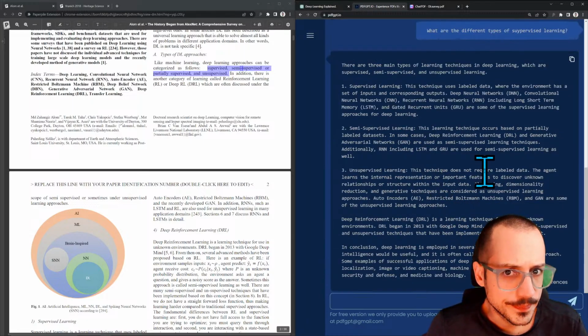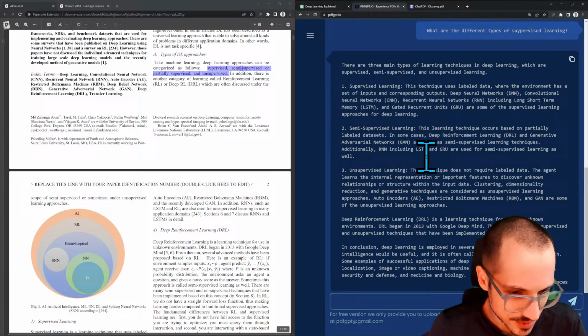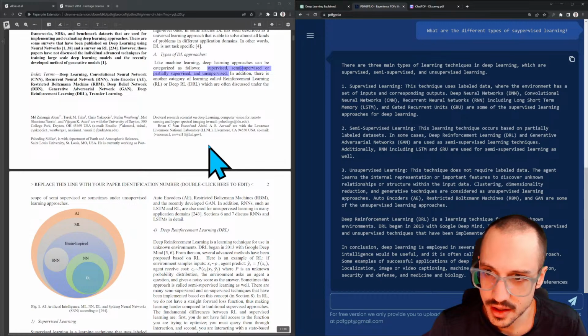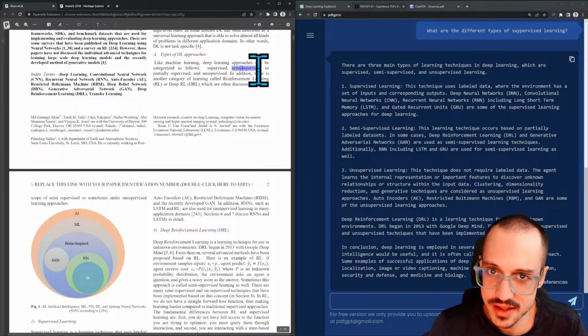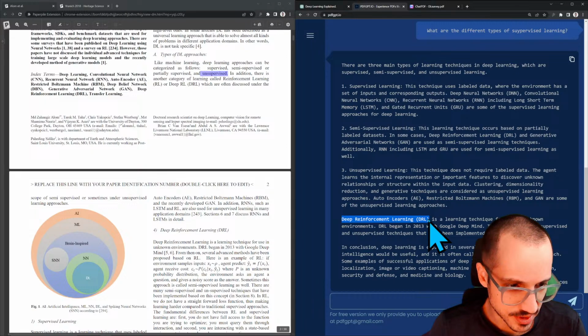Let's look at here. You see here, PDF-GPT might be winning this again. Look at this. You see, this is much more from the paper. So it goes supervised, semi-supervised, unsupervised. So you have supervised, semi-supervised, and unsupervised. And it also talks about deep reinforcement learning here.